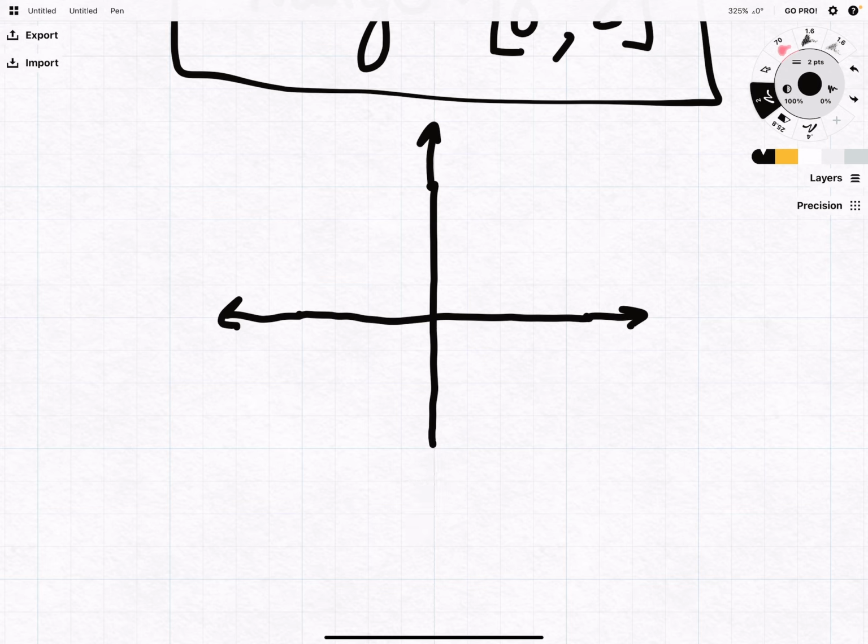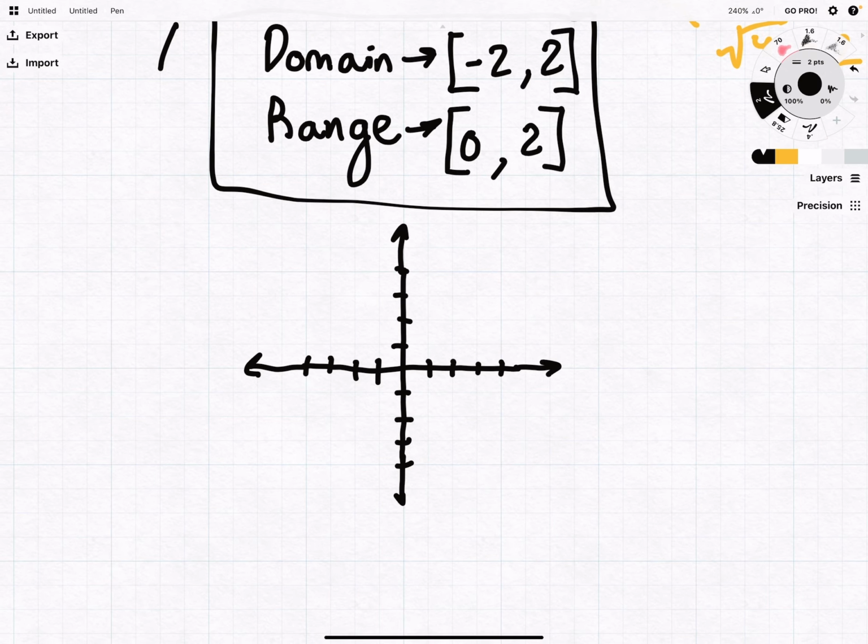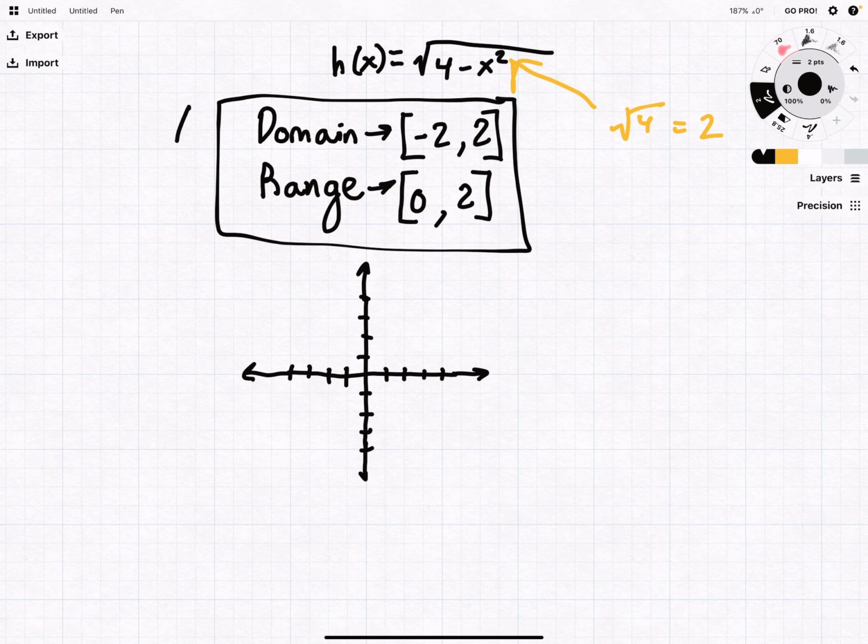So we'll have, oops, there we are, 1, 2, 3, 4. And so if we plug in -2 for the x value, we're going to get 0 for our y value. So -2 is 0. I'll draw yellow points for this, that way it can be a little bit more visible.